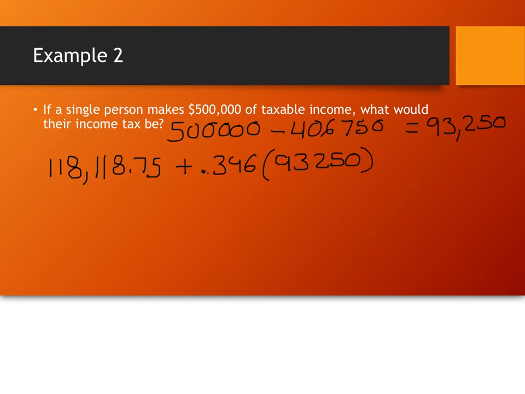All right. So type that into your calculator. 118.75 plus 0.396 is a 9, although it kind of looks like a 4 here, times 93,250. So the amount of tax that you would pay to the federal government is $155,045.75.